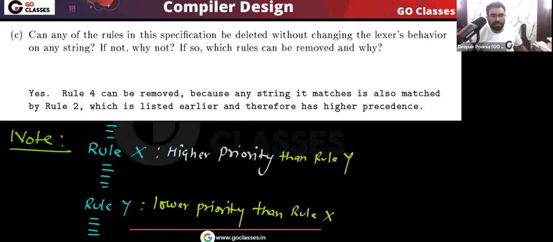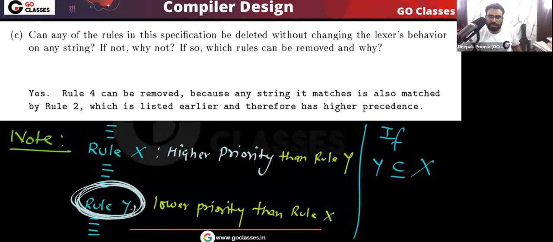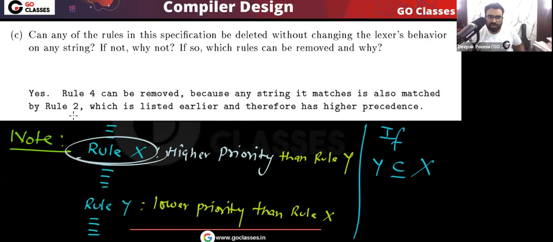Now here one more thing. If this Y is a subset of X, means any string that can possibly match Y will also match X, and X has more priority, in this situation I can say rule Y can be deleted.